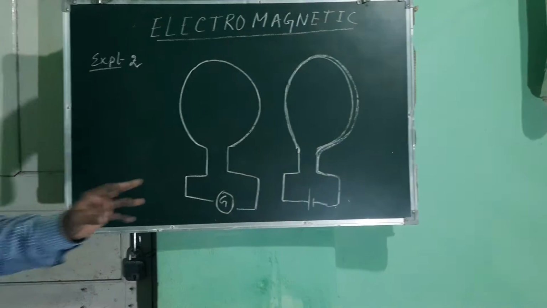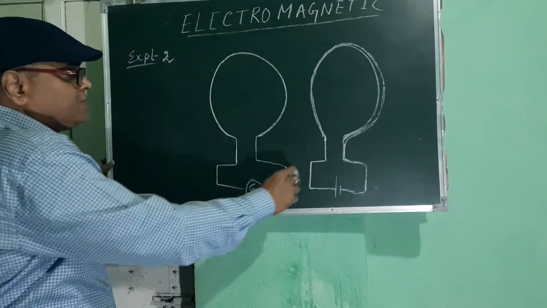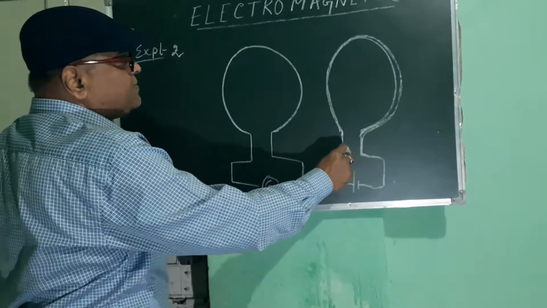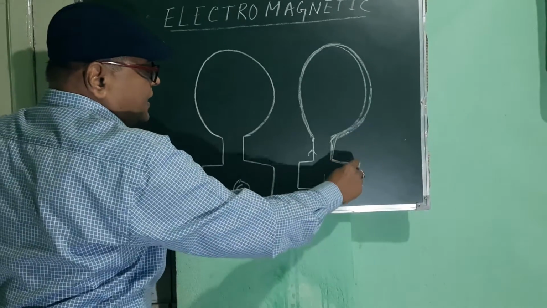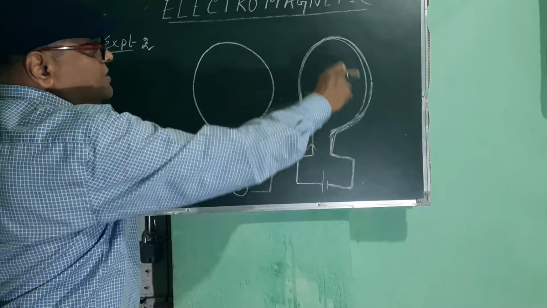Now, there is the solenoid. Here current is passing, and as the current passes, it will act like a magnet. It is a solenoid. There are so many turns present.